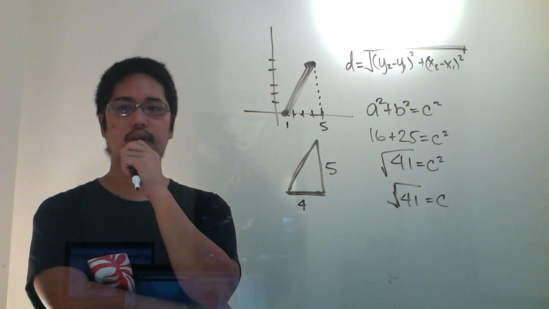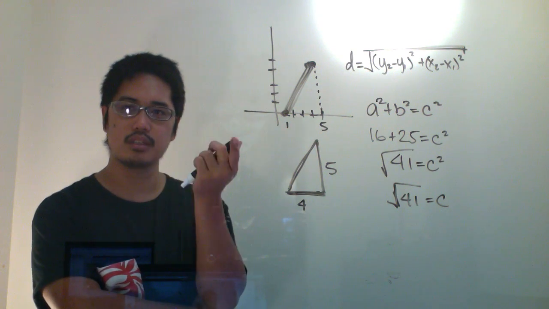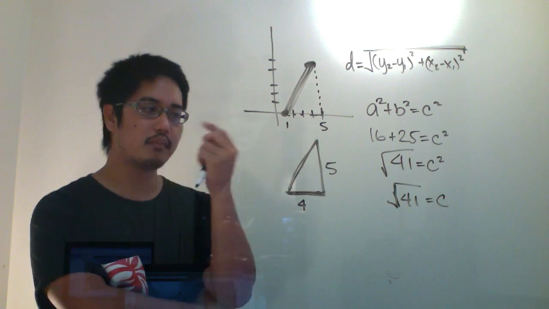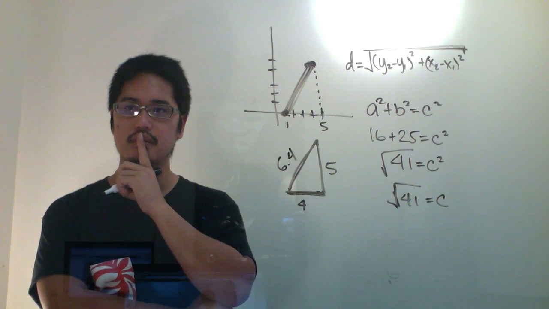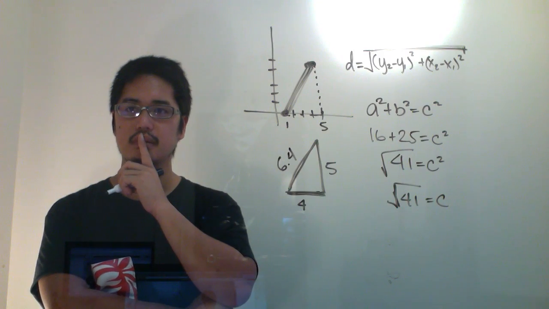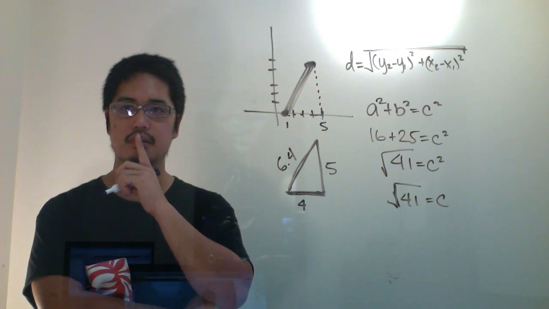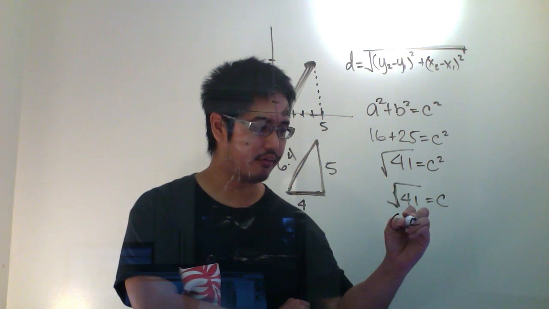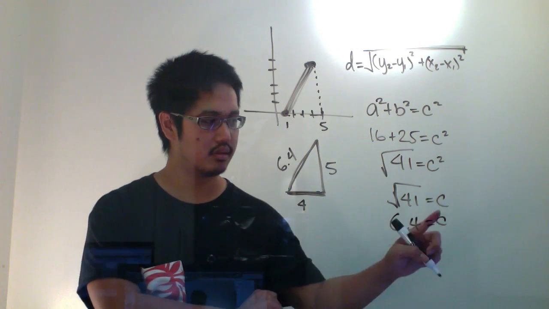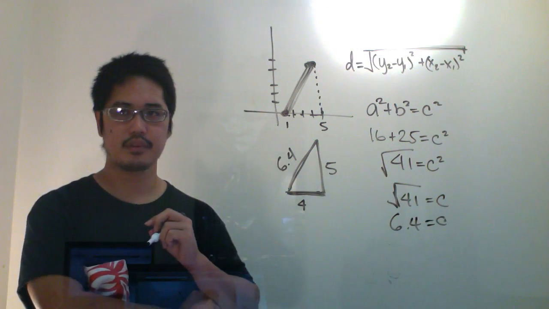What is the square root of 41? Raven, I'm going to assume that you got the right answer. It's 6.4. Is that correct? All right. 6.4 equals C.